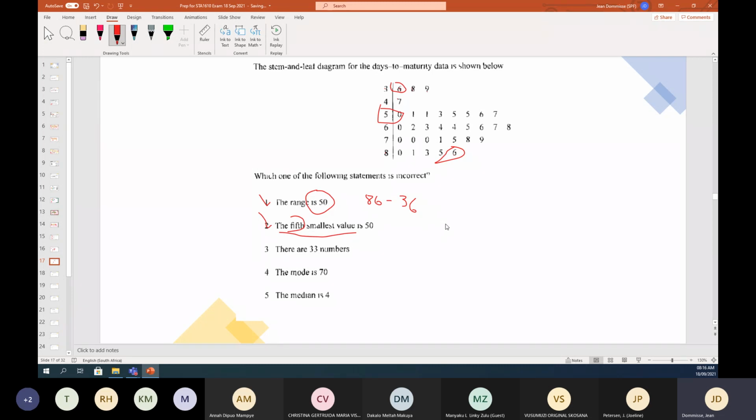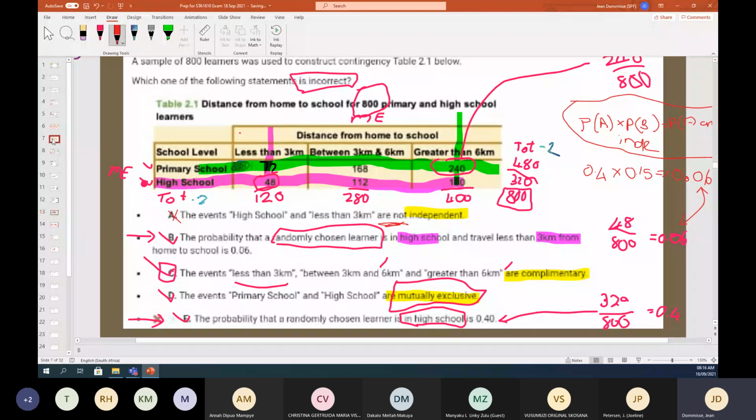There are 33 numbers. Gene? Yes. Sorry, man. How do you know when you count from the top and when you count from the bottom? So basically, this data set begins at 36 and it ends at 86. So remember, you will always arrange or sort your numbers from smallest to largest. Okay, so even when we did this table, where was it?